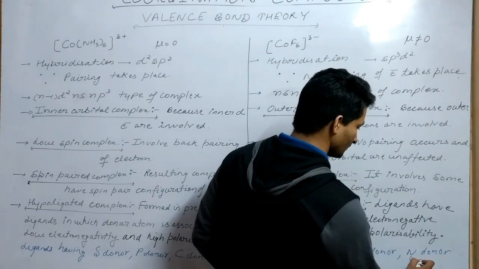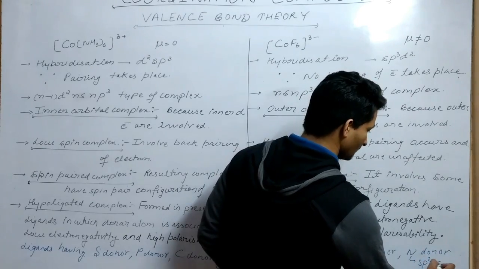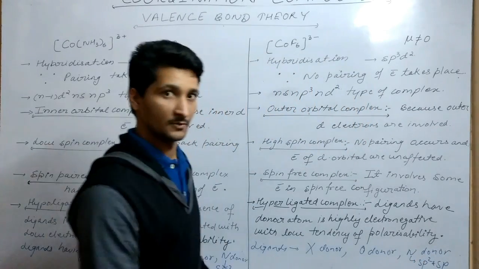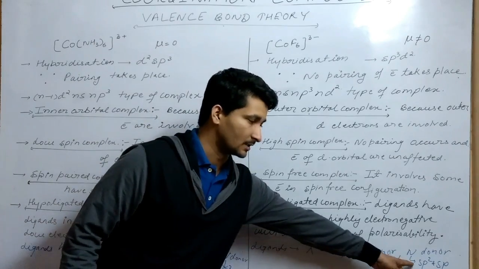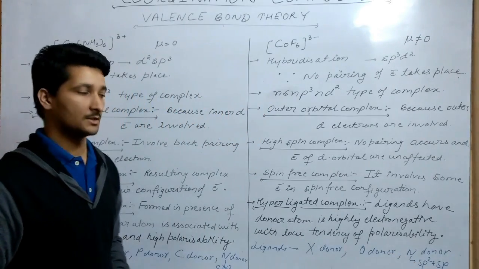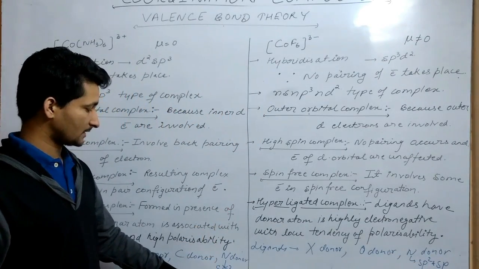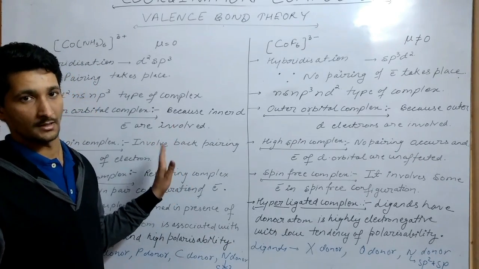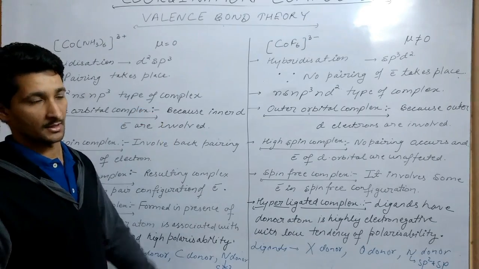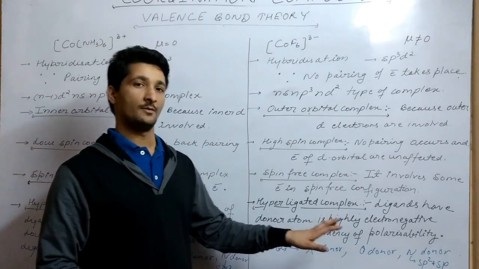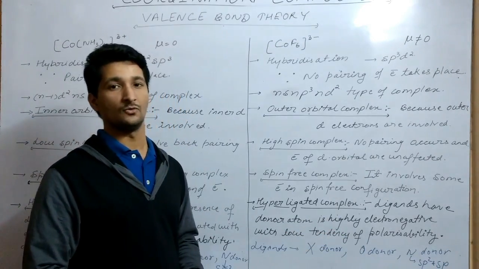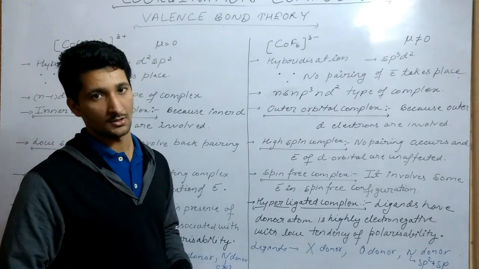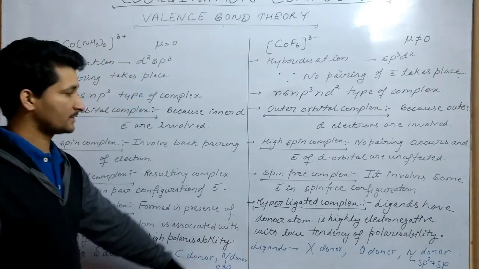N donor in case of sp2 and sp hybridization, because with the increase in s character, electronegativity increases. So if nitrogen is present in sp3 hybridization, then it will be responsible for pairing, as we have already seen in the case of ammonia. But if nitrogen is sp2 or sp hybridized, then it will not cause pairing. So these are the terms which you have to remember.